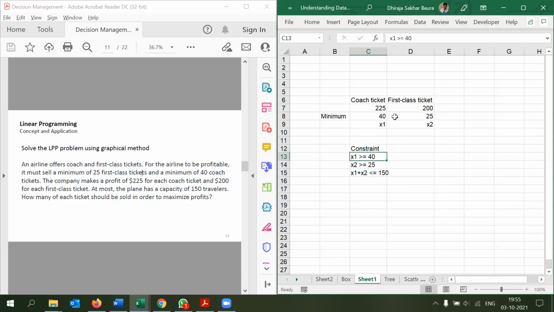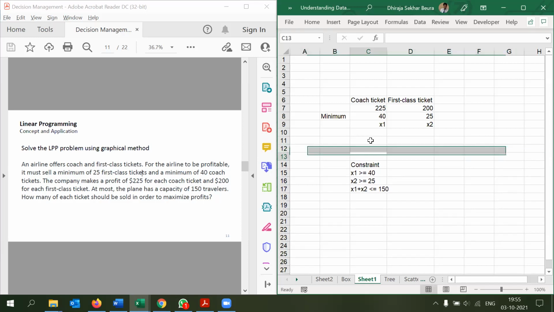What is the objective? Maximum profit. So if we have a profit of 225 rupees per ticket and 200 per ticket, what is the total amount of profit? 425? Are you sure? Sorry, 225 into 40 plus 200 into 25. That is incorrect.